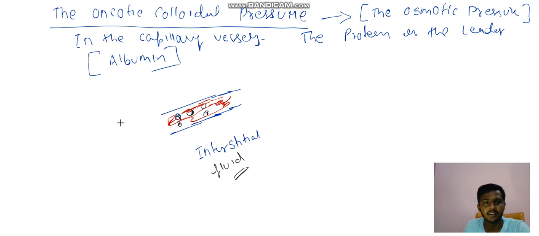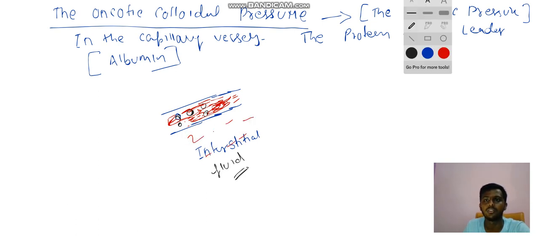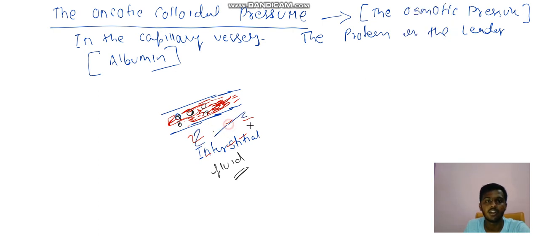Okay, in plasma the most component is water, that is more than 95%. Just say water is there. In that protein also there. But the water amount is less due to presence of protein, and in the interstitial region the water is more.